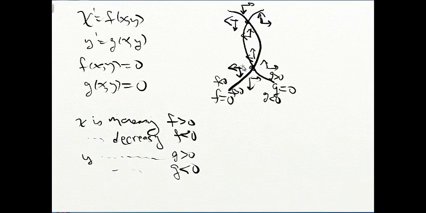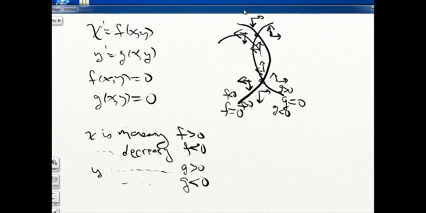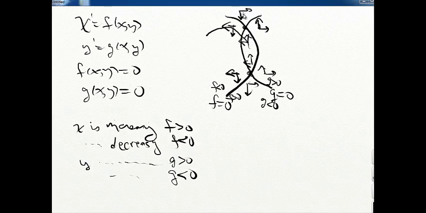And so if you stare hard enough, you maybe think that the solution curves are doing something like this, and something like that over here. And so this point is what in the terminology of the course is called a saddle point.